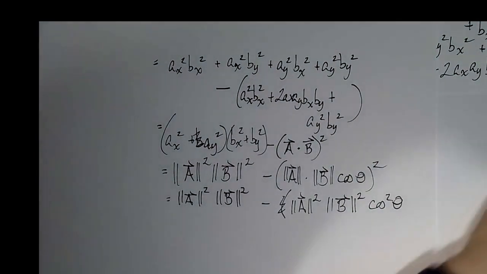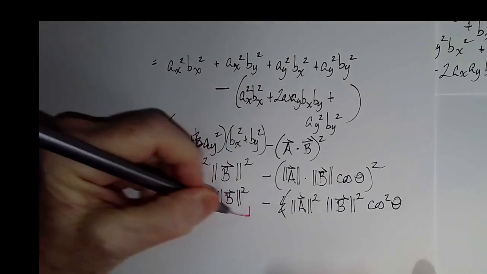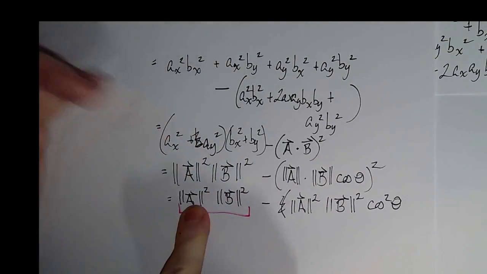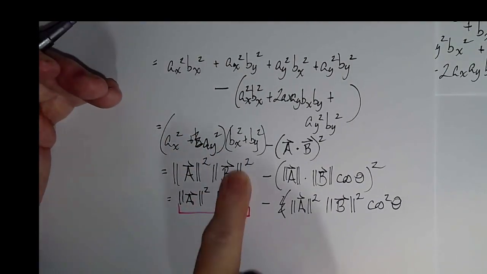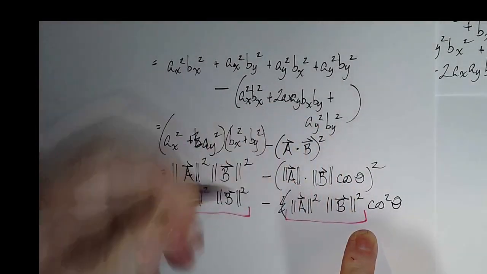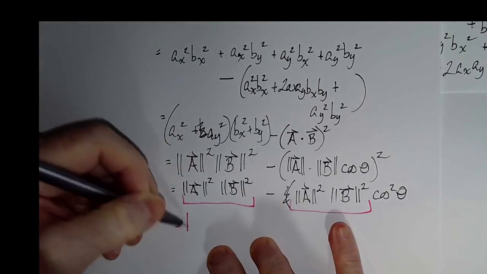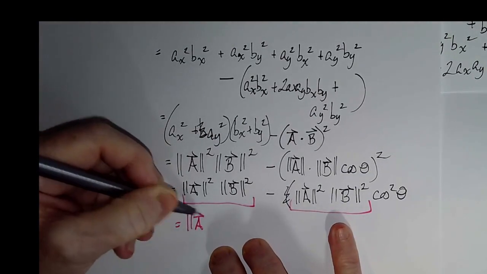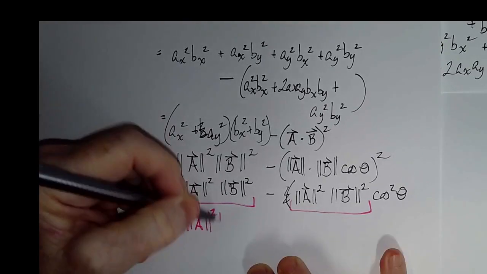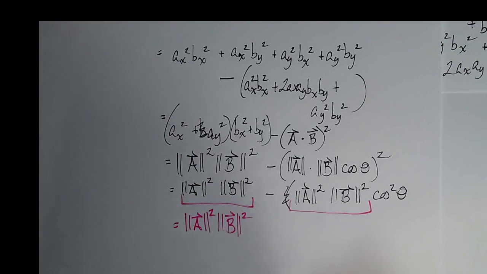And now I have a common factor. I've got a magnitude of A squared, magnitude of B squared in both terms. So let's factor that out front. Magnitude of A squared, magnitude of B squared.